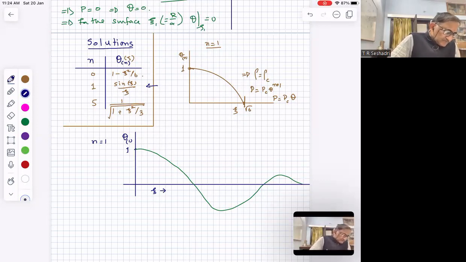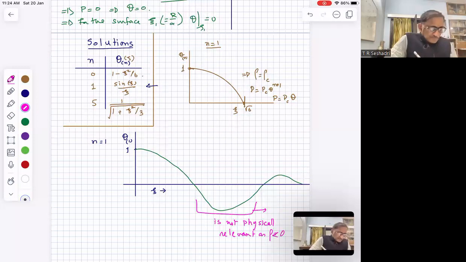However, you see that this region is not physically relevant, as rho is less than 0.